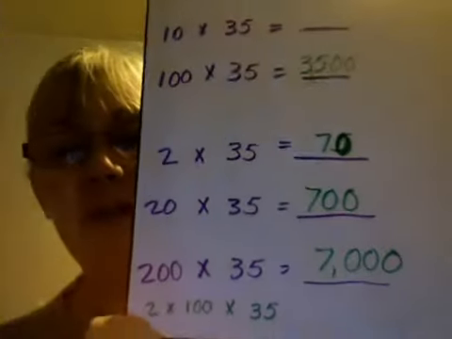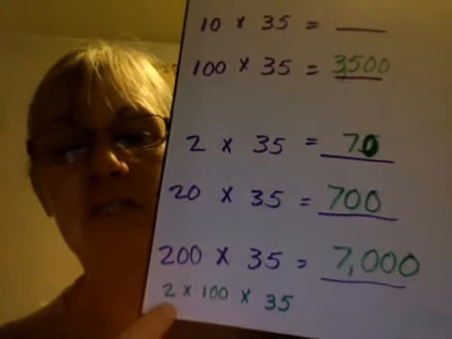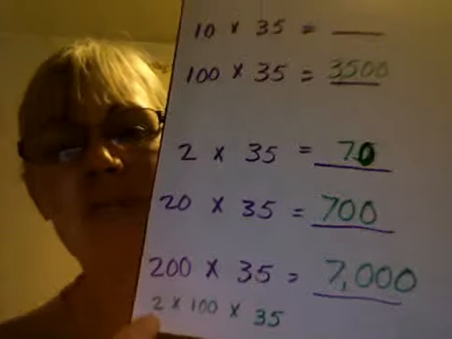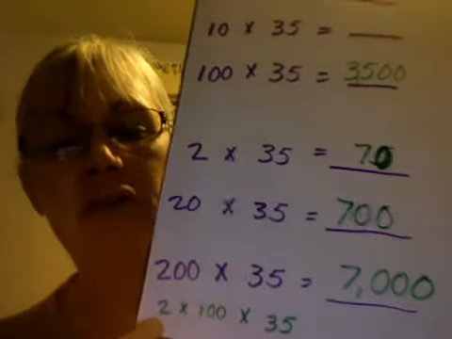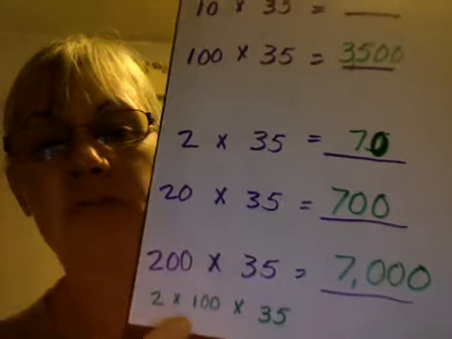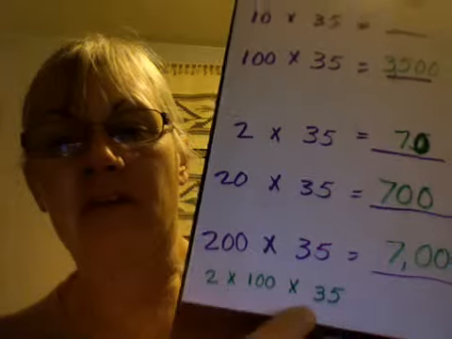One way to think about these bigger numbers is to take them apart into their sections, sort of like expanded form in addition, only this time with multiplication. You know that 200 is two groups of 100, and you need to multiply that whole thing by 35.